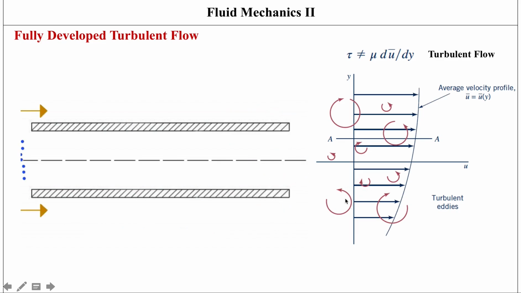And they move about randomly, so they are not only moving with changing velocities, but they're also moving a chunk of mass from this place to some other location within the flow. And because the transport of momentum is happening now, this finite chunk of fluid is moving.